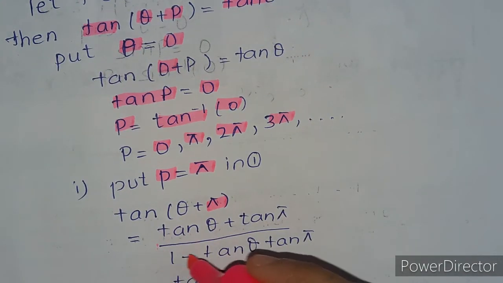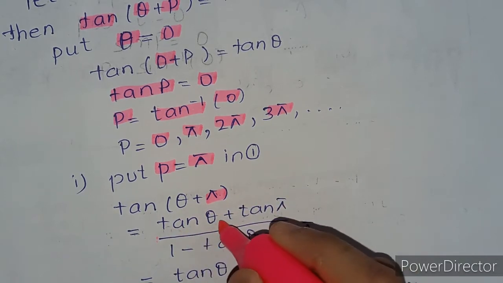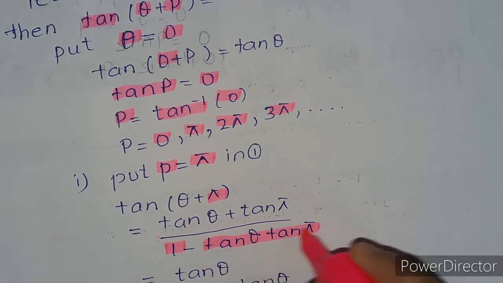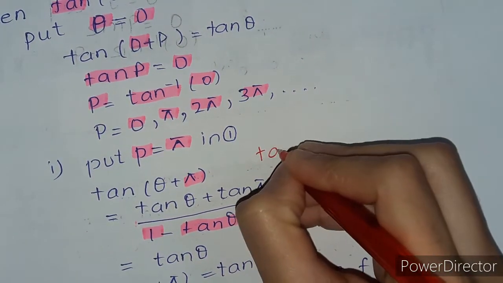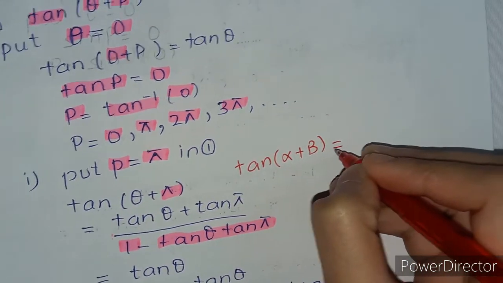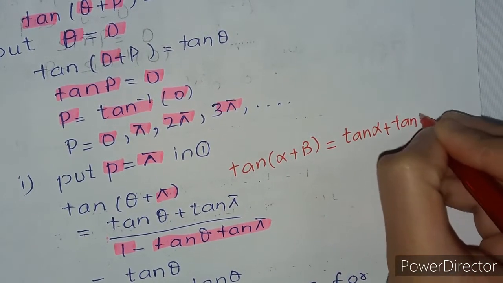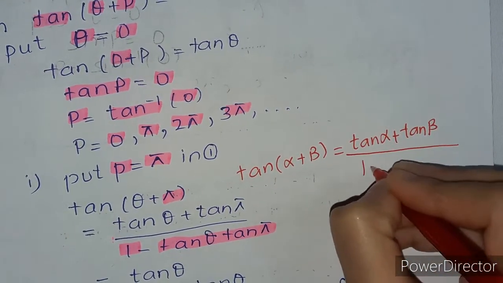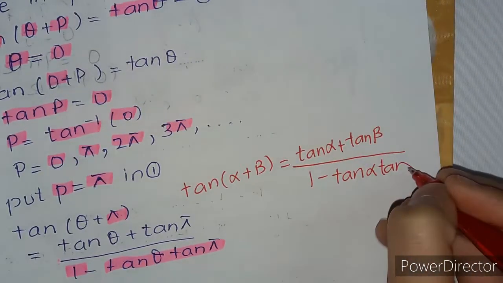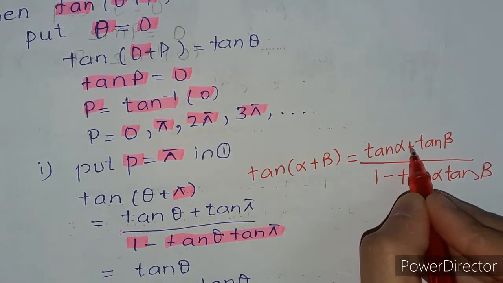Now opening the formula of tan(alpha + beta), which is equal to tan alpha plus tan beta divided by 1 minus tan alpha tan beta. Here it is positive, this becomes negative and this will remain positive.